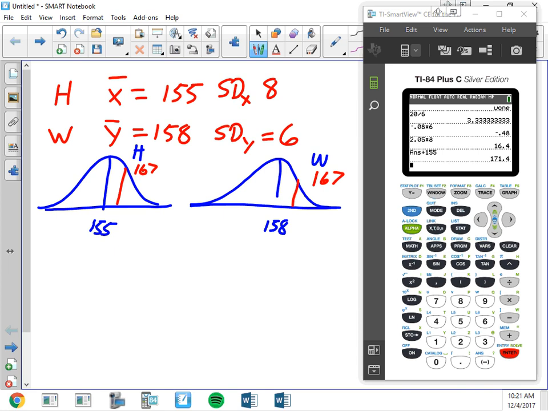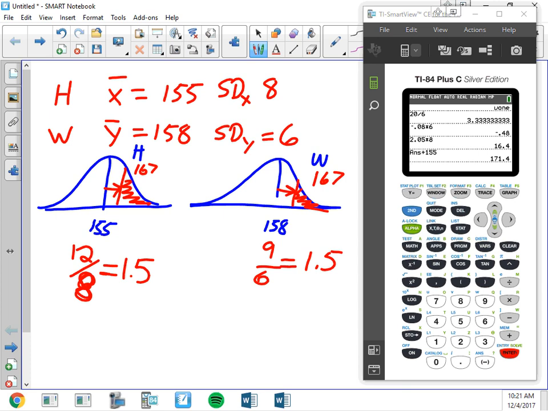So actually, we want to know this, right? We are going to compare those two areas. This one is 12. We went right 12, and we're going to divide that by 8, and I get 1.5. And then this one is 9, and we're going to divide that by 6, and I get 1.5. Now at this point I can stop.